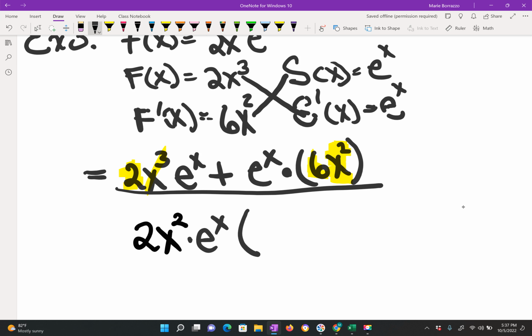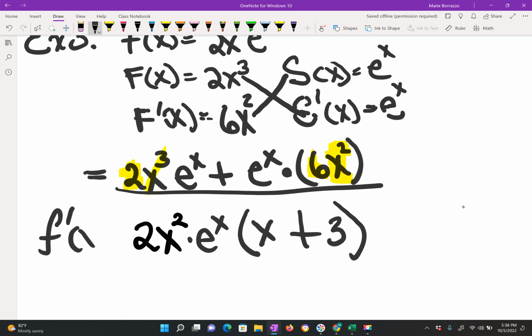This ends up being x plus 3, and that's your first derivative. So remember, you do factor out whatever is common.